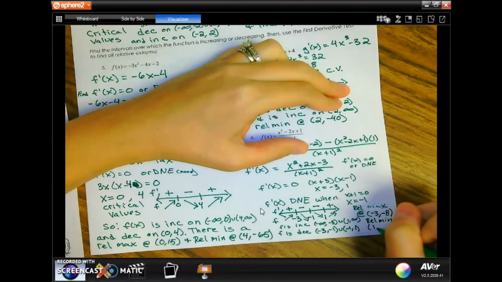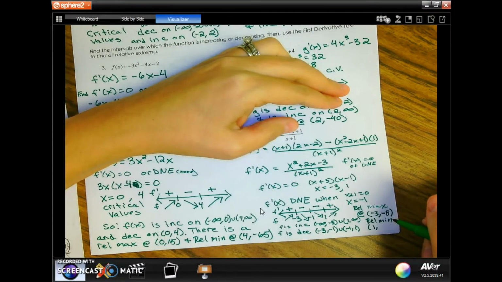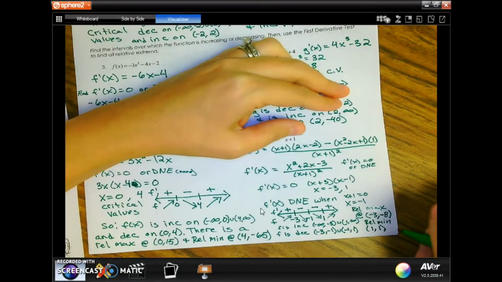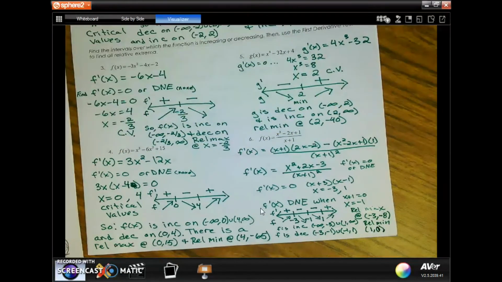That'll be at 1, comma, and if you plug 1 back into the original, let's see, 1 minus 2 plus 1, that'll give me another 1. Oh, nope, sorry, that'll be a 0. So it'll be 0 divided by that, it'll still be 0. Okay, so there you have that.